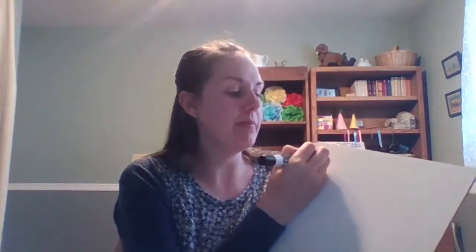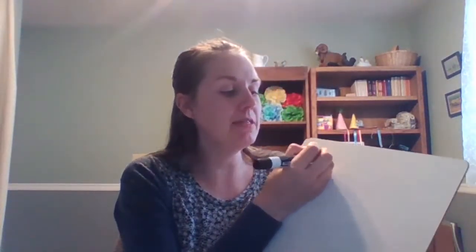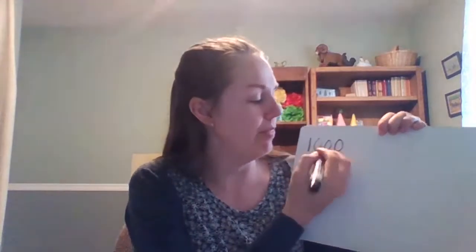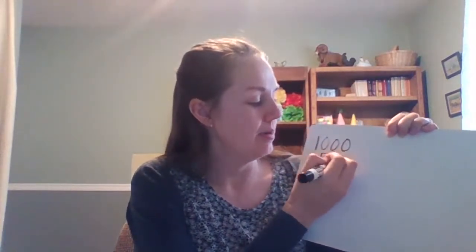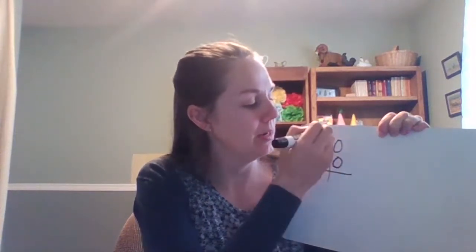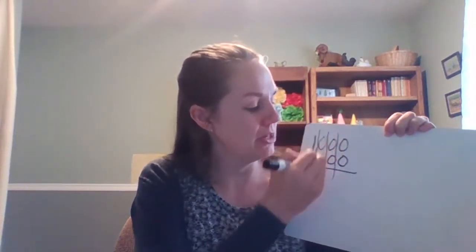If I were to go ahead and add those up, I'm going to try to line up my place values. That makes it so much easier when we're staying organized with our math. I have 1,000 plus 500. I'm going to make sure that my ones place lines up. All of the other places are going to hinge on that ones place being lined up. So I'm even going to write in some lines to make sure that I'm straight.